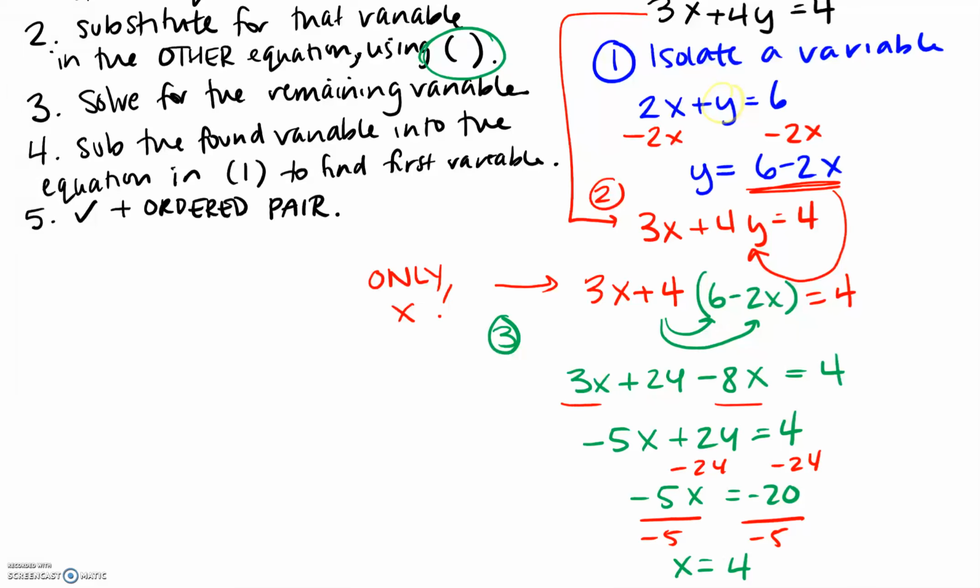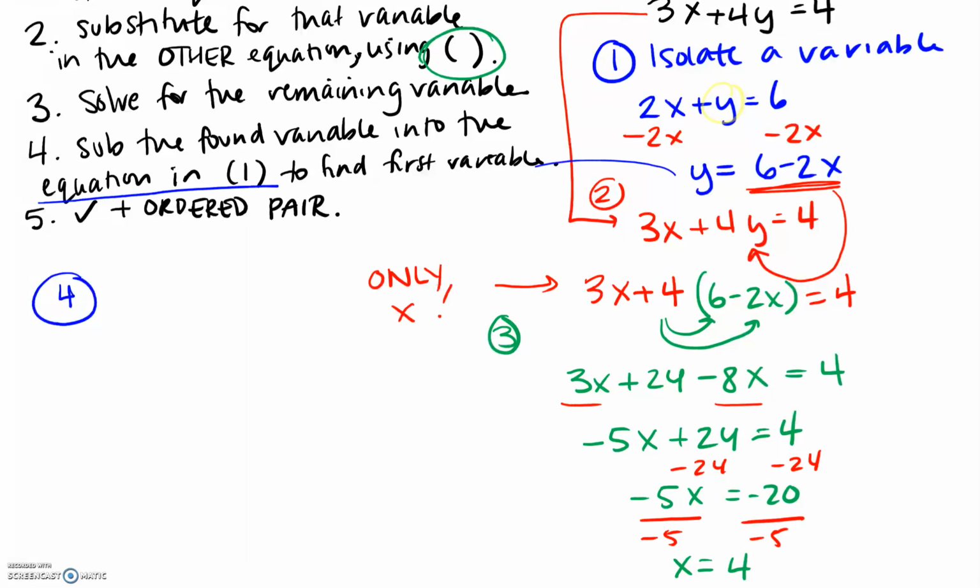Now, like I said in class, we want to make sure that we don't get ahead of ourselves and just box this up and call it an answer. Because our answer is an ordered pair, we need a point where these 2 lines intersected. So we need to figure out what y is. The nice thing about the substitution method is that when we go to do step 4, the easiest thing to do is to use the equation in step 1.